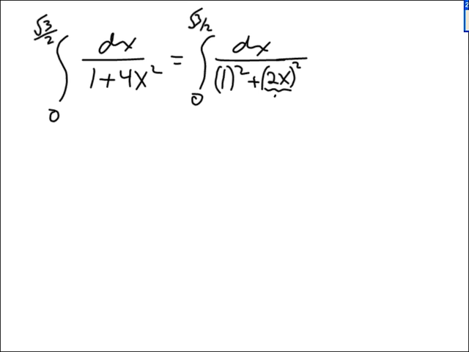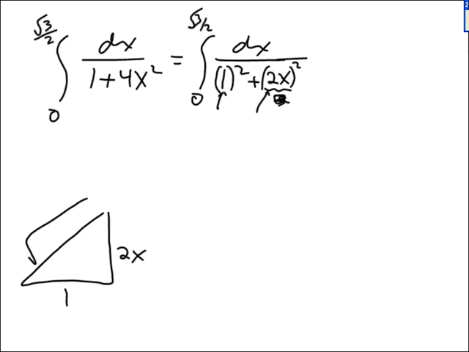Actually, let's pause on that. Let's not do that. But let us make up the triangle. 1 is being squared, that goes here. 2x is being squared, that goes there.